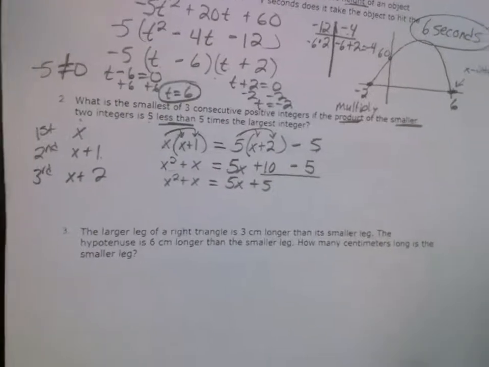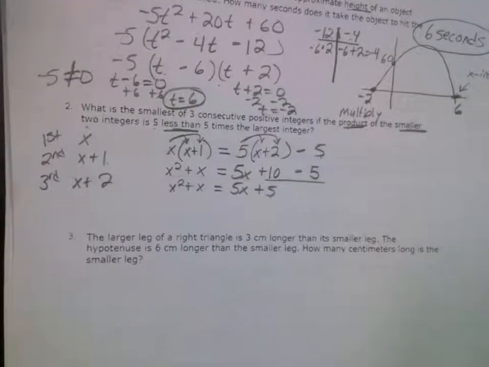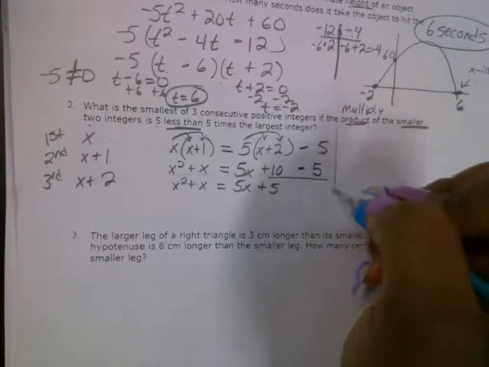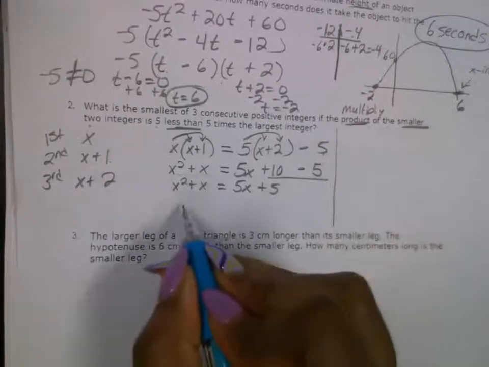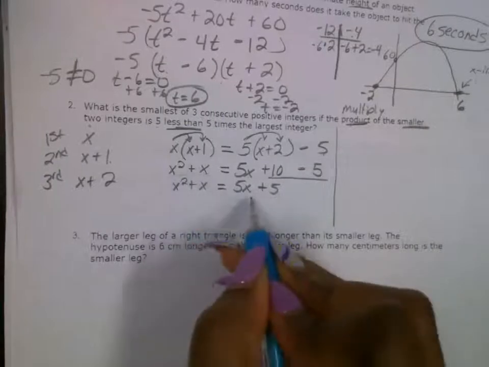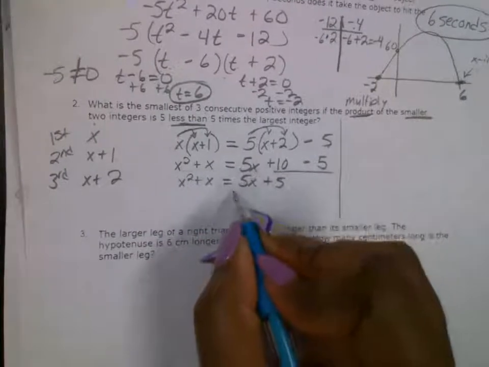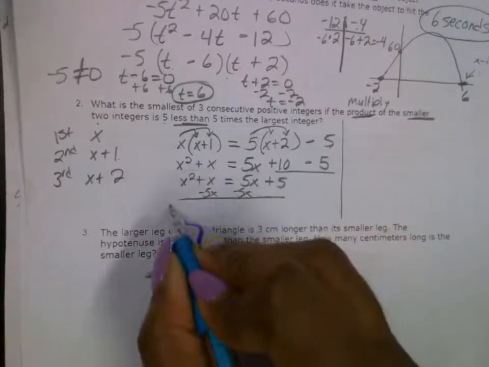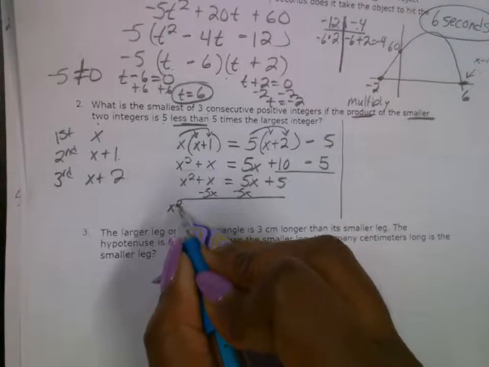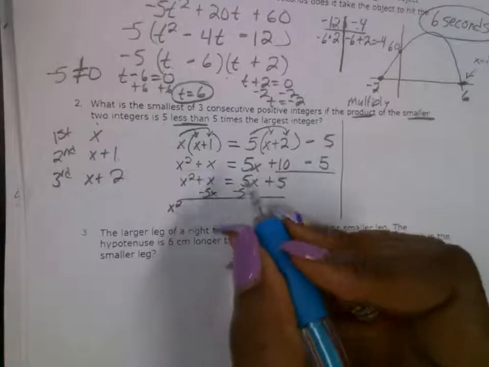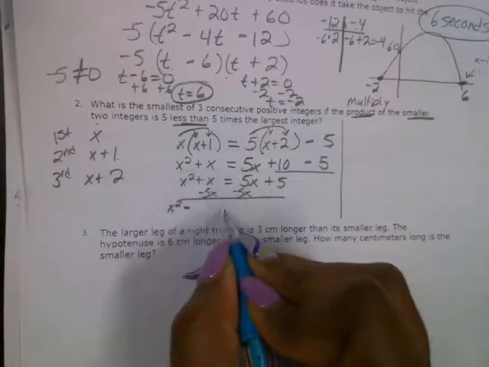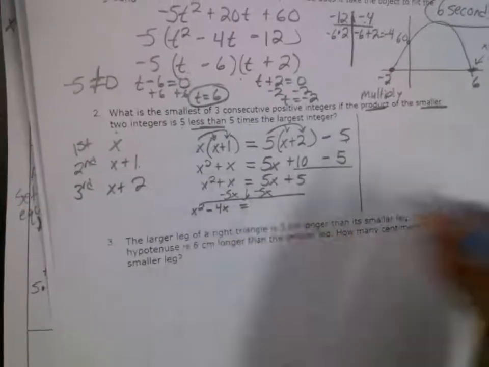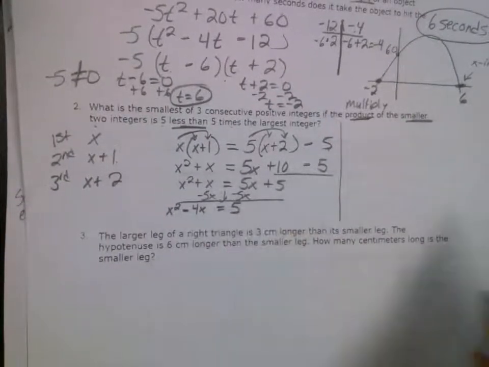Now, in order to solve, we have to move everything to the same side so that one side is equal to 0 and we can factor. I'm going to draw a line here so I can factor over here. So let's move all of this over here so 0 is on this side. I'm going to subtract 5x. This gives me x squared minus 4x, and 5 is left on this side.